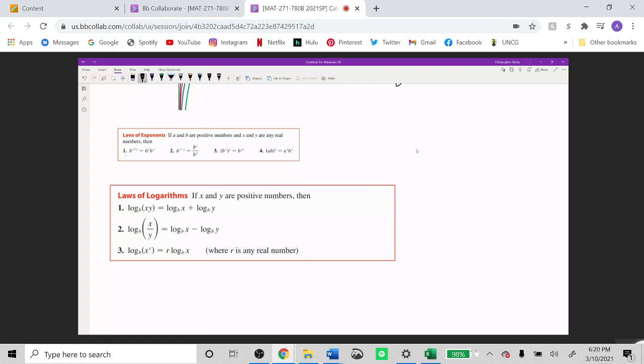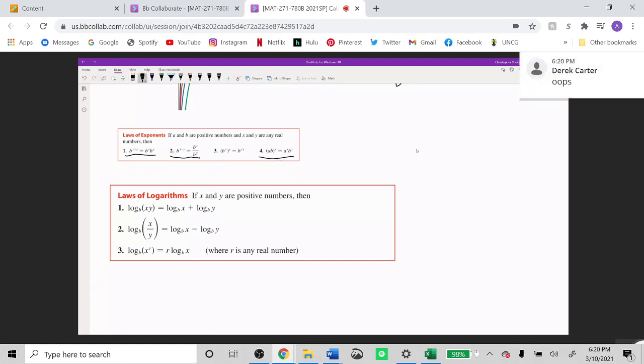Notice how these seem to be related to these exponent rules. This one, this one, and then which one here? Maybe this one. These first three. Yeah. Let's see.